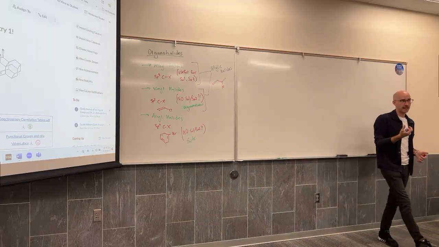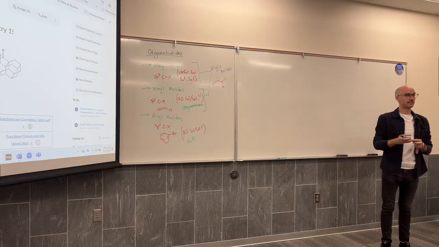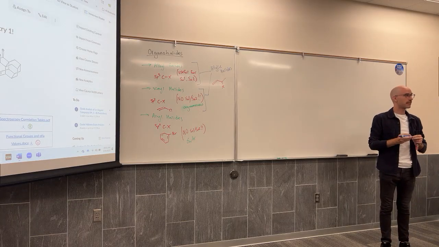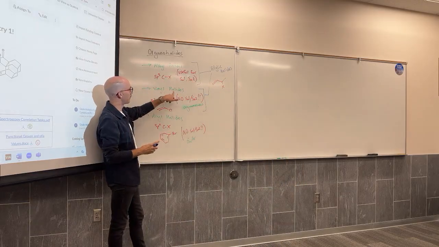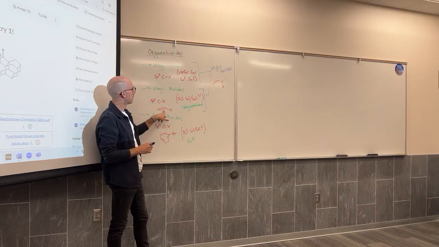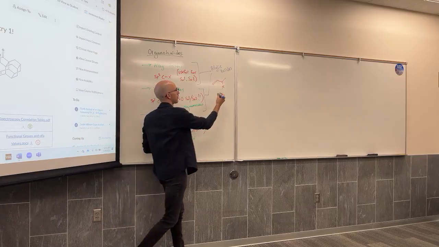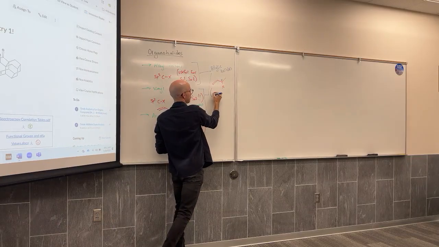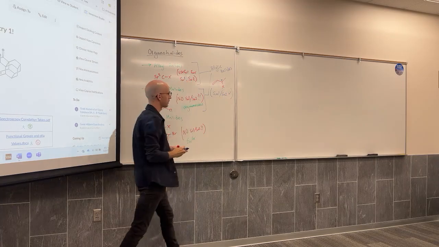So to be allylic, that halogen must be attached at an sp3 carbon that is adjacent to an alkene. That's the definition of allylic, which is why I see it as a combination of these two. You cannot have an allylic halide without an alkene, but you also cannot have an allylic halide without an sp3 hybridized carbon. This is our allylic position.